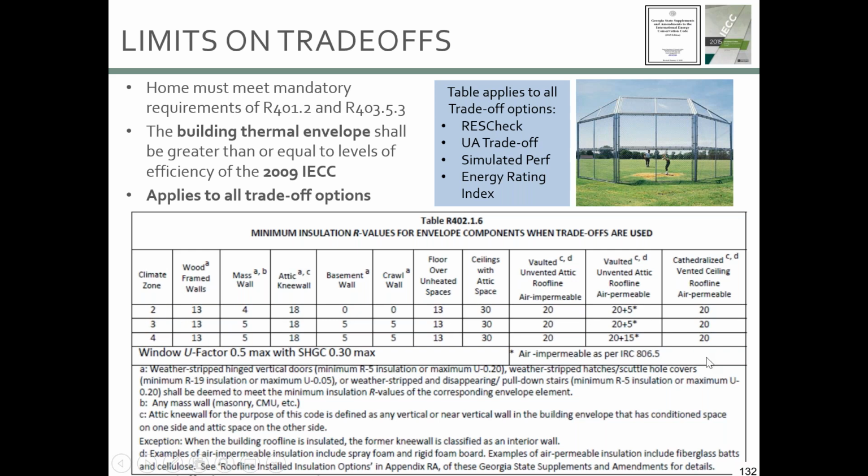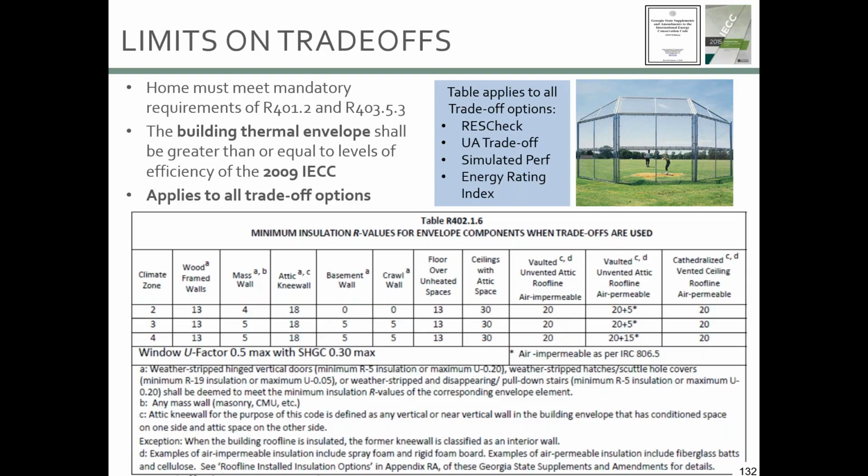And Joey, this table is pretty much the same as it was under the old code, right? So it's saying you can't build a house any worse today than under the old code. Mm-hmm. Okay, so I just want to remind people of that table. That's also part of the analysis we have to be aware of.